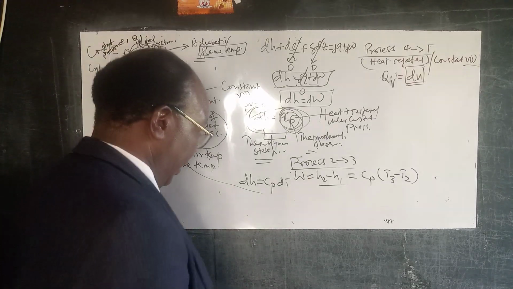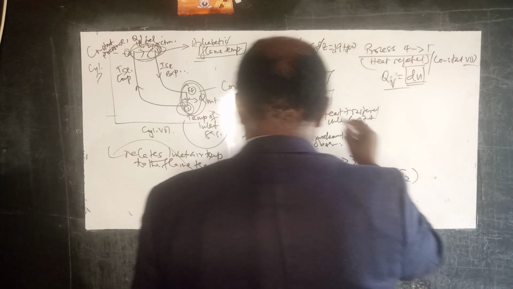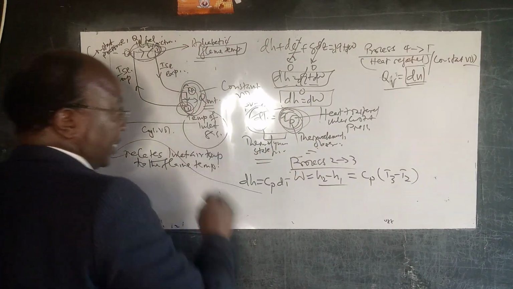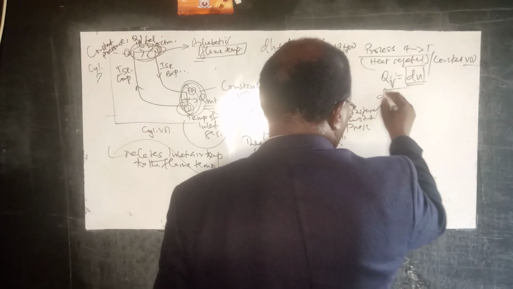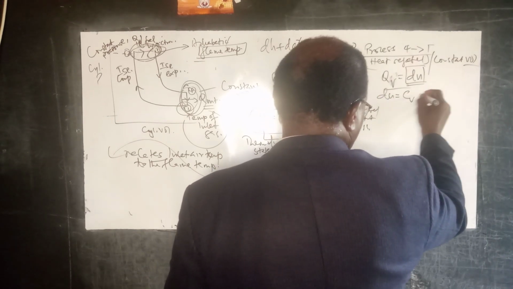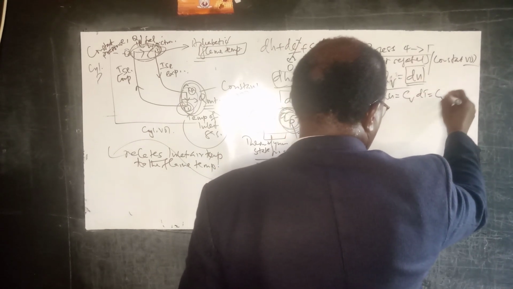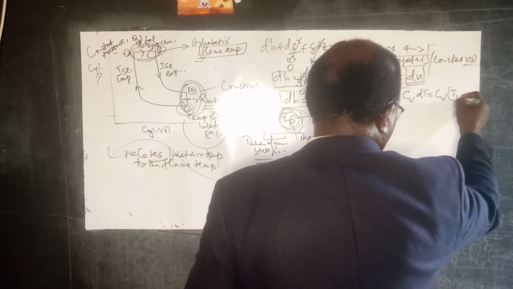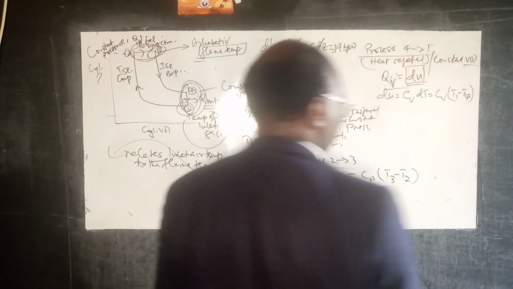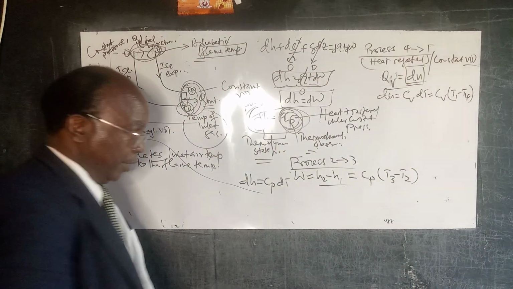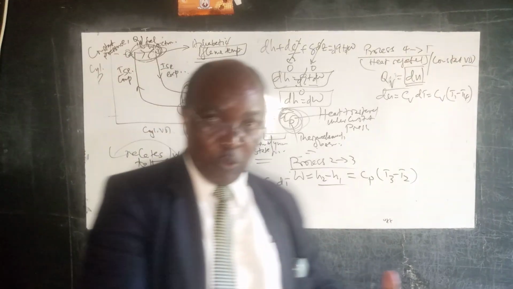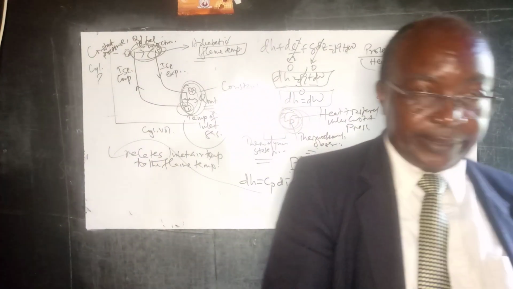We are saying that the heat transferred for this particular process is the same as the internal energy change, and therefore dU is equal to CV dT. And so that will be CV times T1 minus T4.